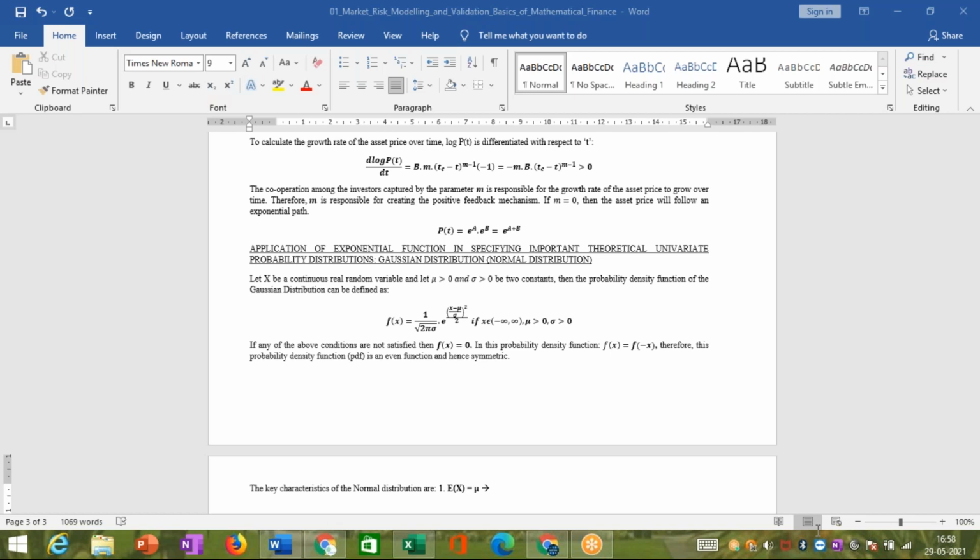Now, what is the difference between saying an expectation is constant and saying that the distribution has a constant mean? When I say the expectation of the variable is constant, it talks about a moment.